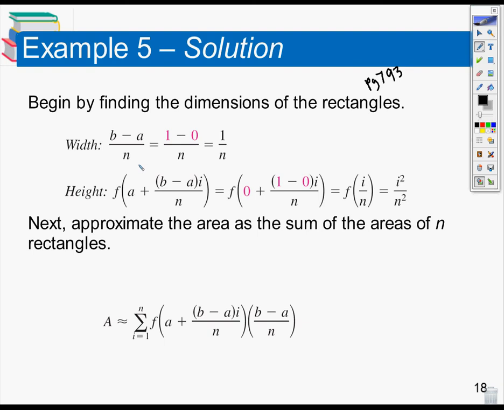The width of the rectangles is going to be b minus a over n. Now, why? Well, b minus a is basically how you're going to get any specific width, right?